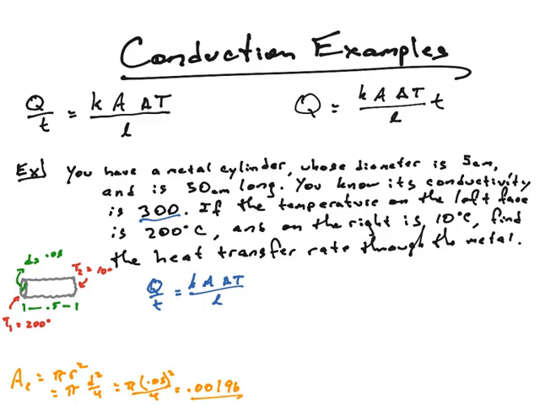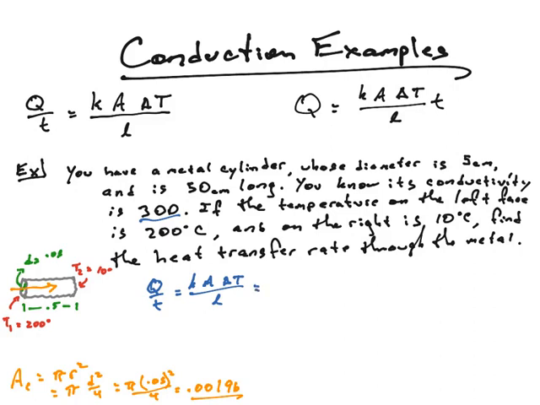Okay, so now I know the area. Delta T, I need the temperature on one side and the temperature on the other. I subtract them. I know that. And I need L, the thickness. Well, the thickness is the length of this cylinder, right? The energy has to pass through this thing, and so the thickness is the length of the cylinder. So I know everything.